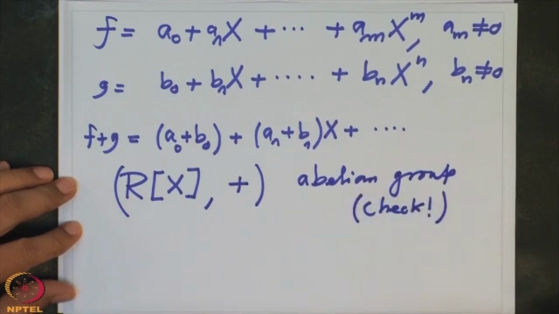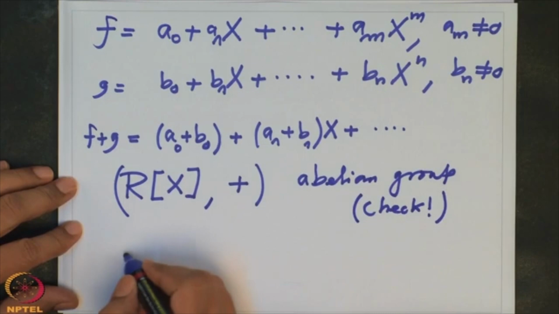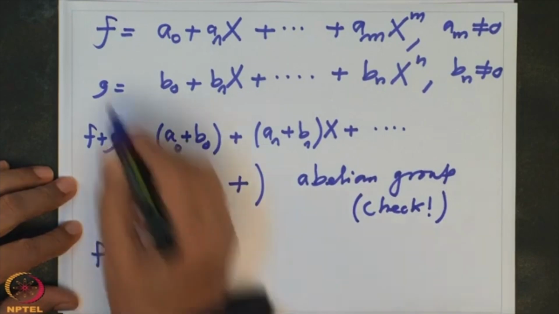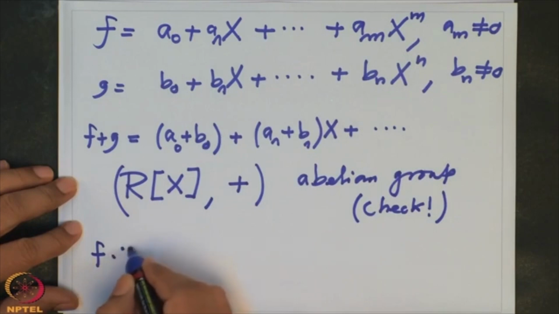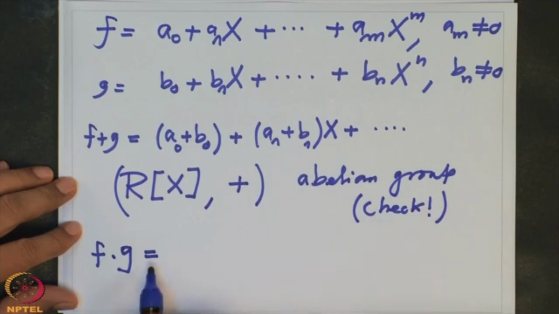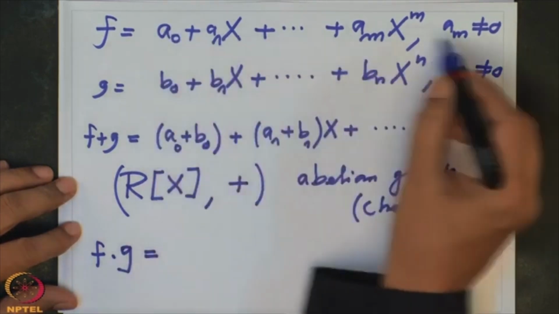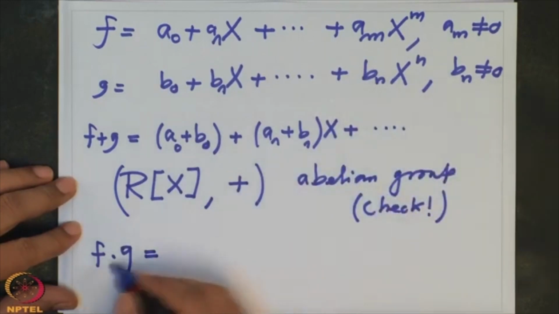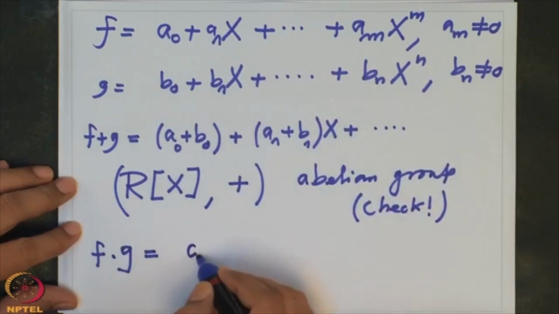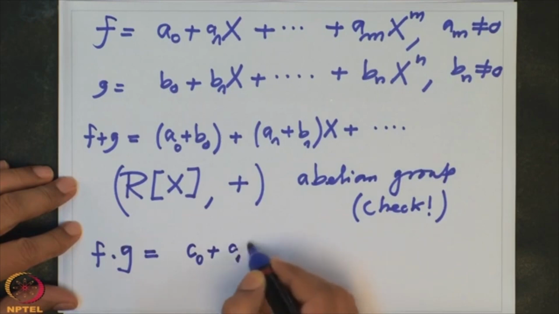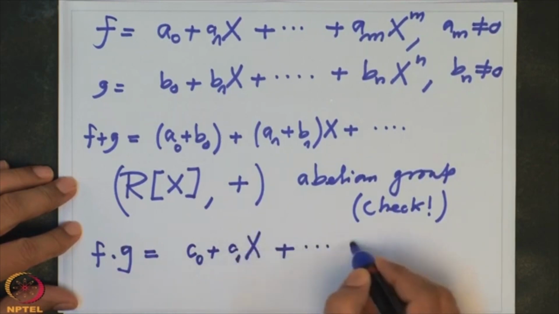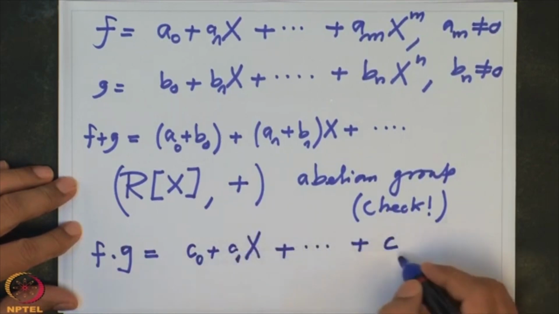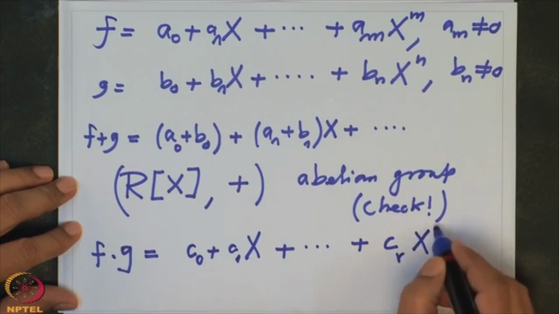Similarly, there is a product notation. Given f and g like this, I want to define what f times g, or f multiplied by g, is. This is a little complicated. So f is like this, g is like this. Then I want to write f times g in this notation as c0 plus c1x plus up to cr x^r.